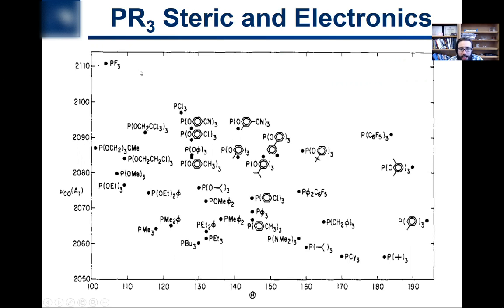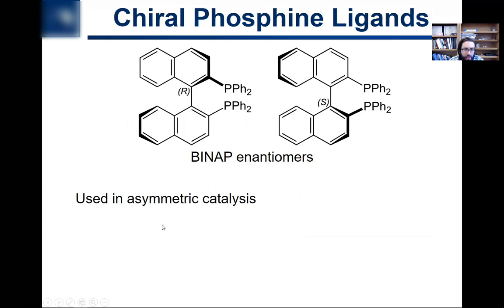So very interesting. And so you can now tune your reactivity, right? So you can say, oh, I want something that's really sterically bulky and also electron withdrawing. Well, I better use these benzene rings that are perfluorinated. Or, I want something that's just really electron donating, and bulky, or something in between.